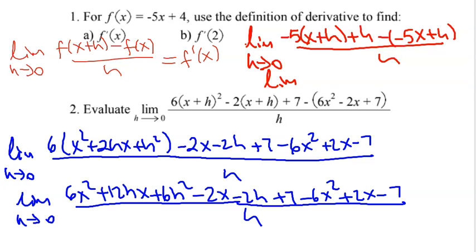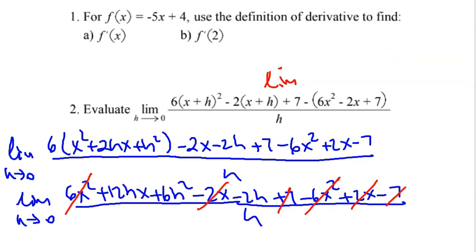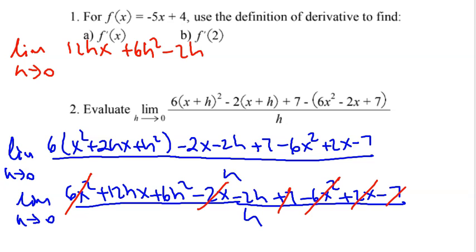In this case, of course, there are some things that we need to cancel out. These two are going to be gone, these two are gone, and these two are gone, and what we have left is the limit as h approaches 0 of 12hx plus 6h squared minus 2h over h.